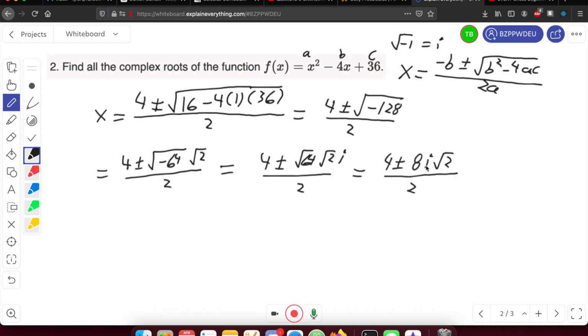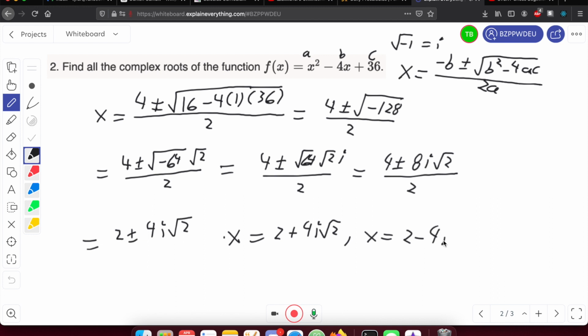Now we can divide out 2 from both of these terms to get 2 plus or minus 4i times the square root of 2. And so our complex roots of this function will be x is equal to 2 plus 4i times the square root of 2, and x is equal to 2 minus 4i square root of 2.